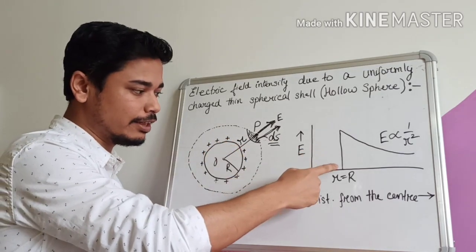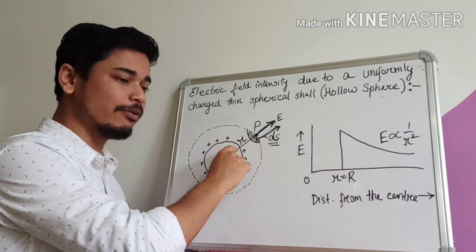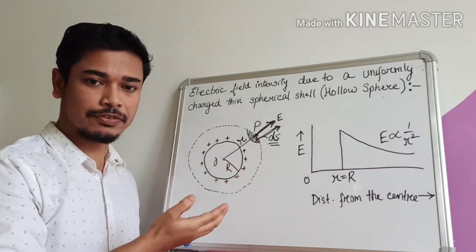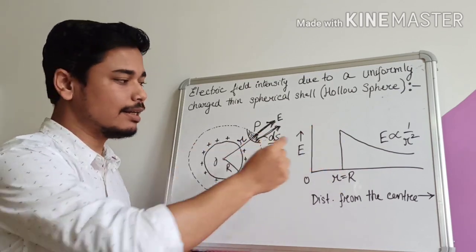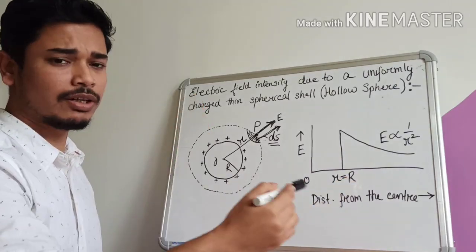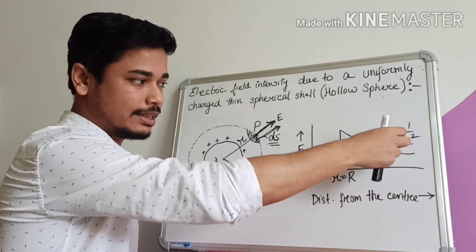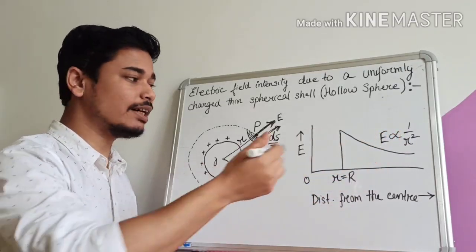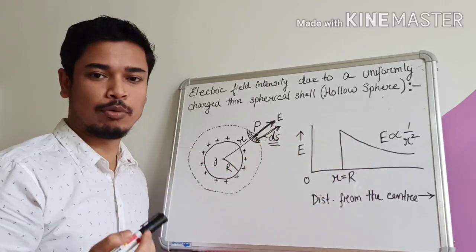We will get the maximum value of electric field on the surface of the sphere, as we have already seen. So we get a maximum peak at the surface of the sphere, that is at r equal to capital R. Beyond that, the electric field will keep on reducing, as it is inversely proportional to the square of the distance. So as r increases, the value of electric field will keep on decreasing.